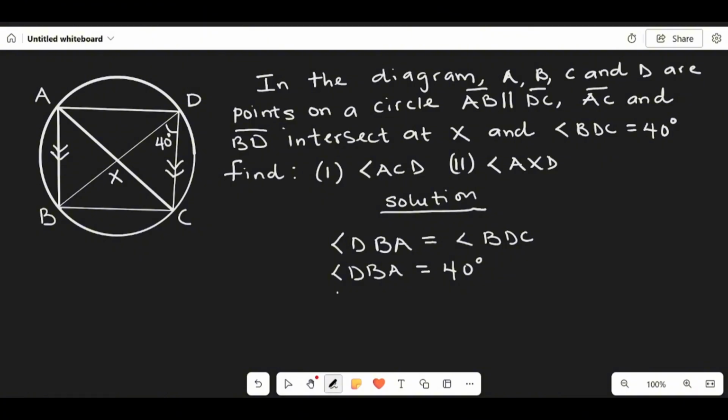So angle ACD is equal to angle DBA. Angle ACD equals 40 degrees because our angle DBA is 40 degrees.